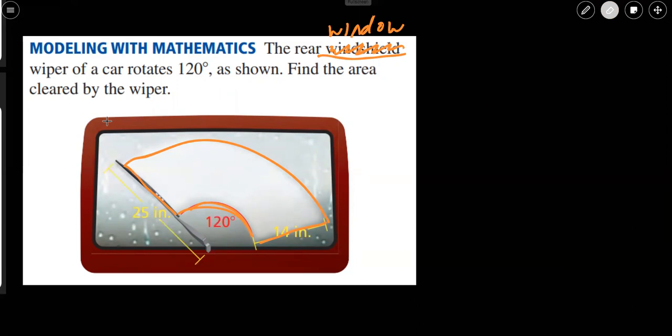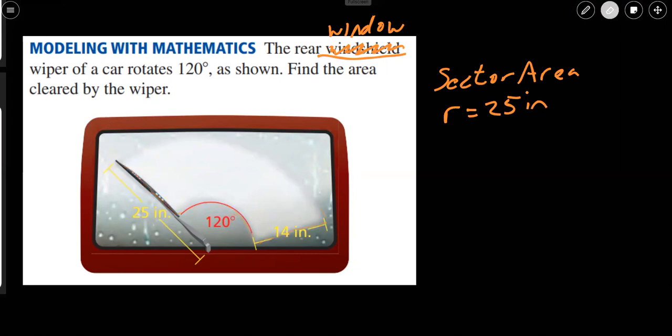So in other words, I'm going to calculate the sector area for two different situations. One with a radius of 25 inches, that's the larger circle. That would be an arc created that looks like this. A sector created that looks like this.